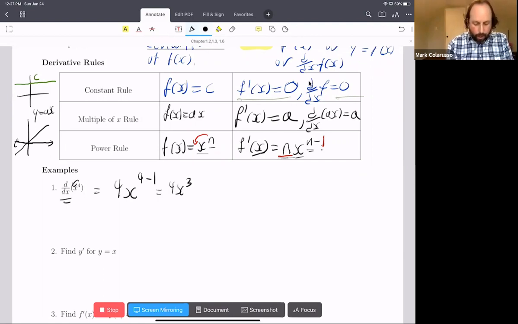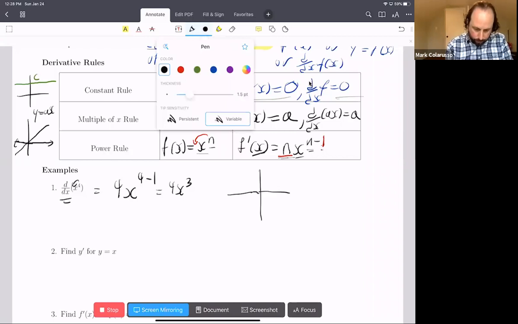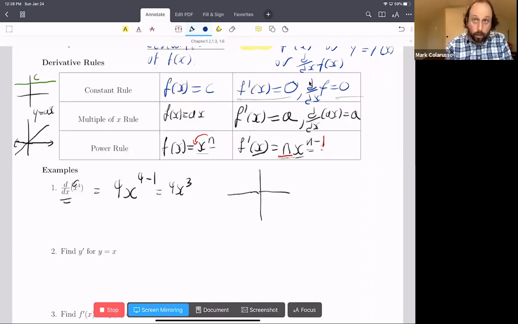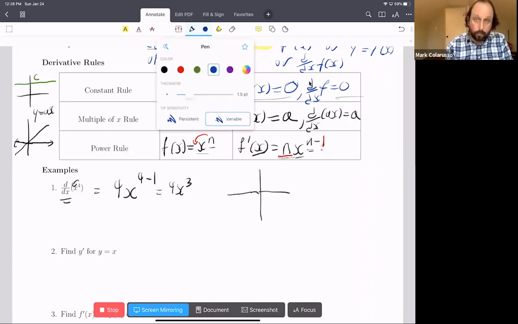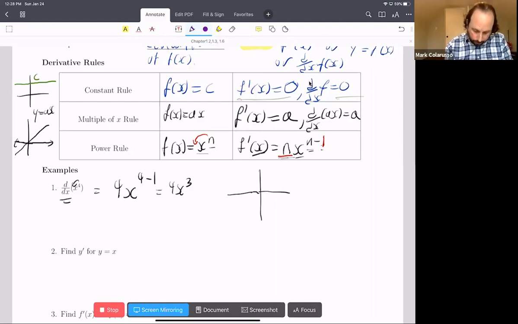So what does that mean? This is maybe not part of the question, but I want to stress this. x to the 4th, if you graph it, looks like a parabola that rises more steeply, but then flattens out more towards 0. So it does something like this.